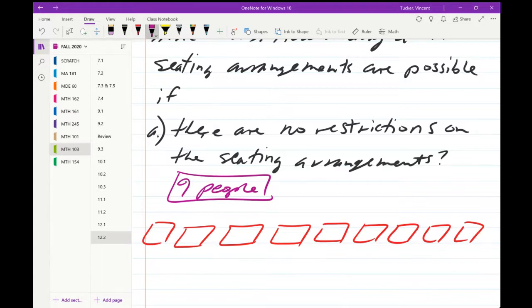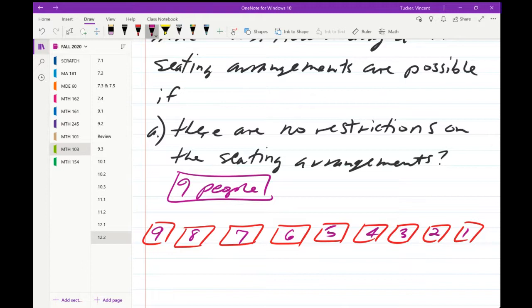In the first seat, I have 9 people to choose from. Once that person sits down, after that, I have 8 people to choose from. Once that person sits down, I have 7 people to choose from. 6, 5, 4, 3, 2, and 1.